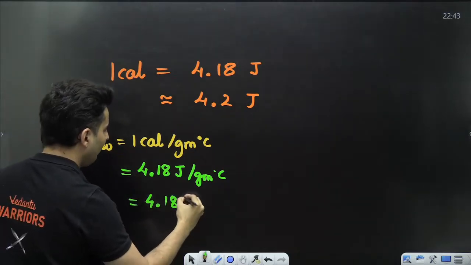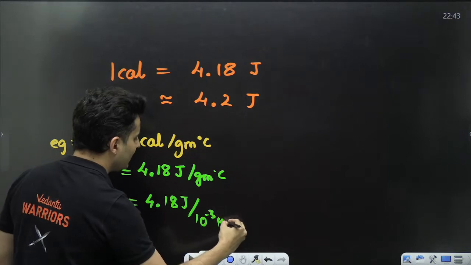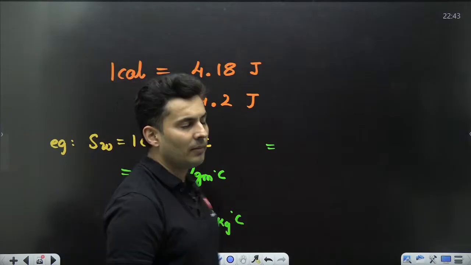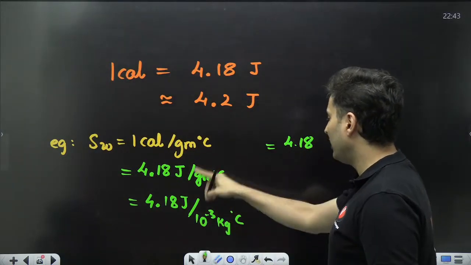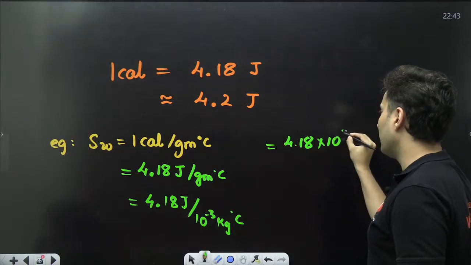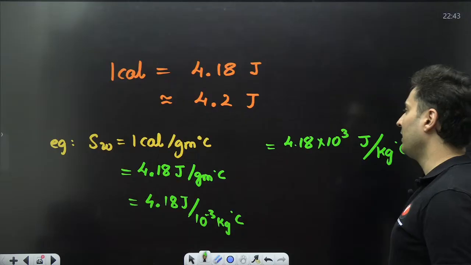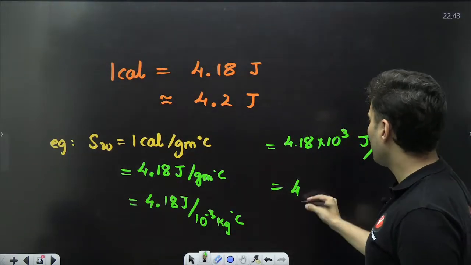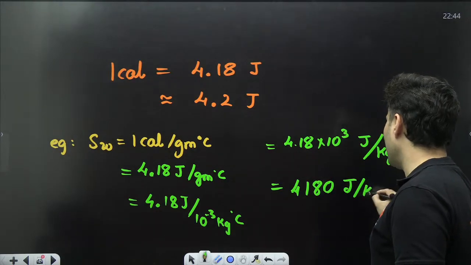Then I will write 1 gram is nothing but 10 to the power minus 3 kg. 4.18, when it comes on the top, will become 10 to the power 3 joules per kg per degree centigrade. You can put it as 4180 joules per kg per degree centigrade.